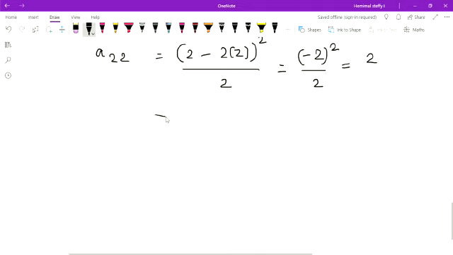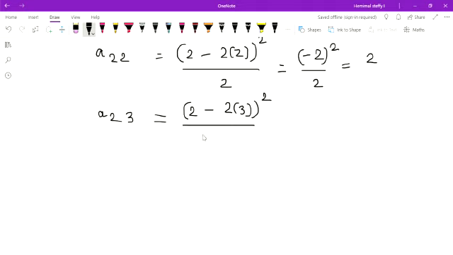Then the last one, second row, third column, A23. So i is equal to 2, j is equal to 3, (2 minus 2j) whole square by 2. 2 3s are 6. 2 minus 6 equals minus 4.